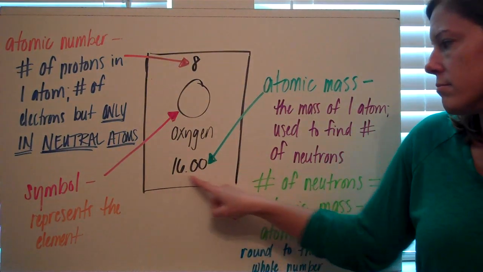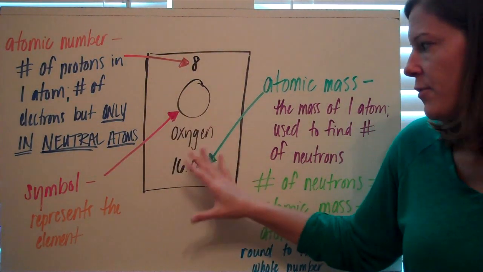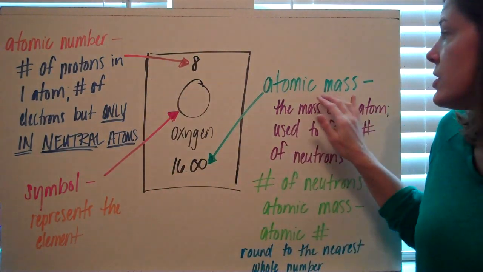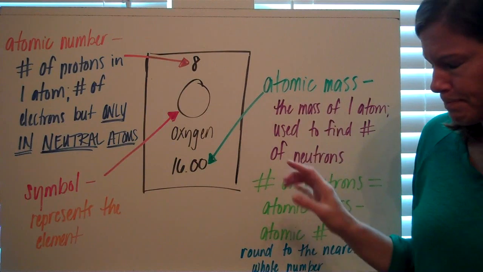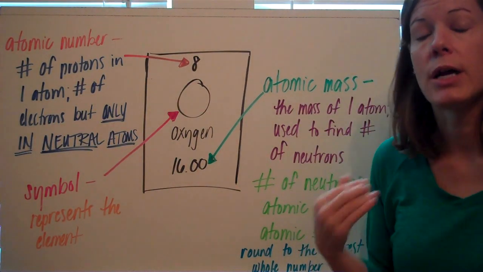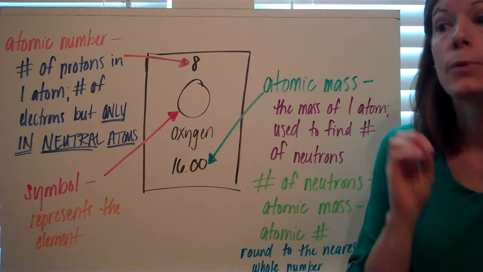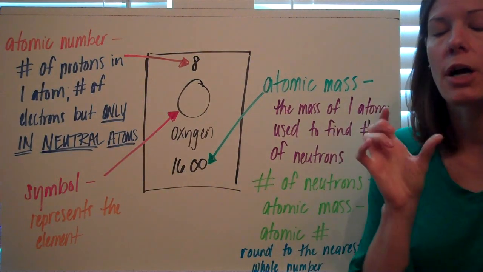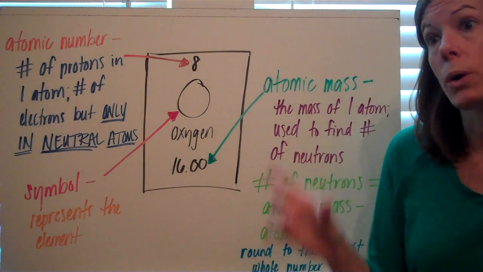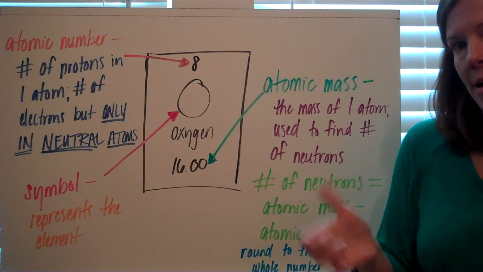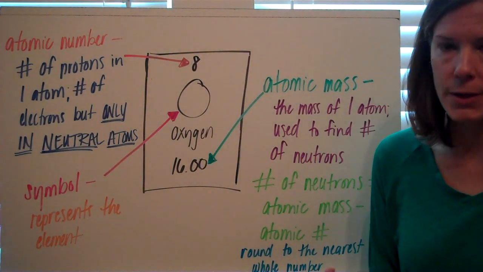The third piece of information in the box is the number at the bottom that's a decimal. This is known as the atomic mass. And if you remember back to when we talked about protons, neutrons, and electrons, when you talk about one individual proton or one individual neutron, it has a mass of 1 atomic mass unit.